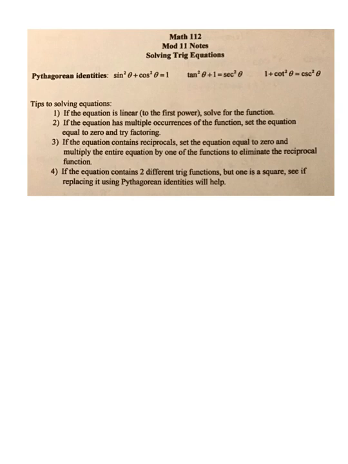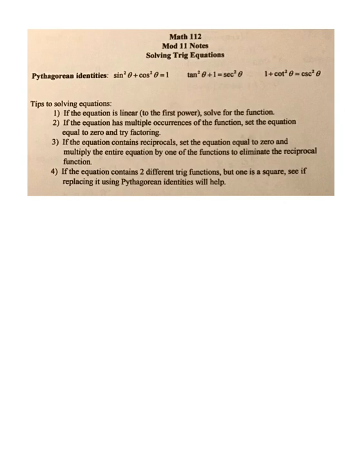If the equation contains reciprocals, set the equation equal to 0, and then multiply the entire equation by one of those functions to eliminate the reciprocal function. That means if it has both a sine and a cosecant, multiply the entire equation times cosecant and you will get rid of those reciprocals.